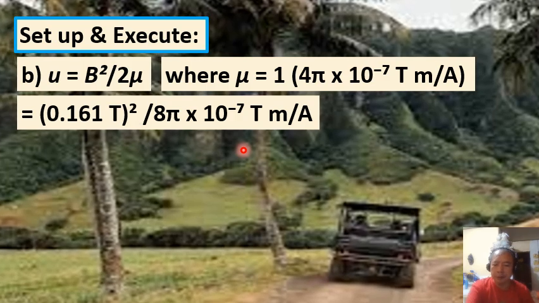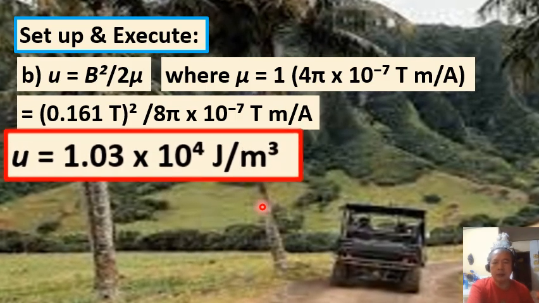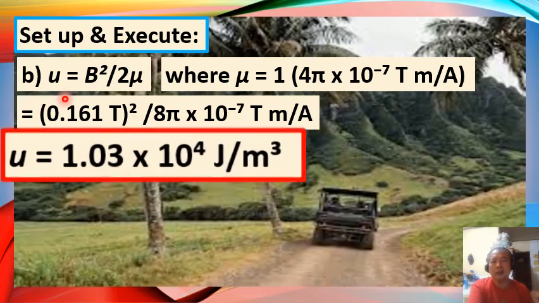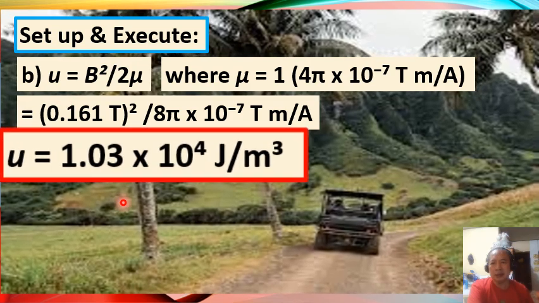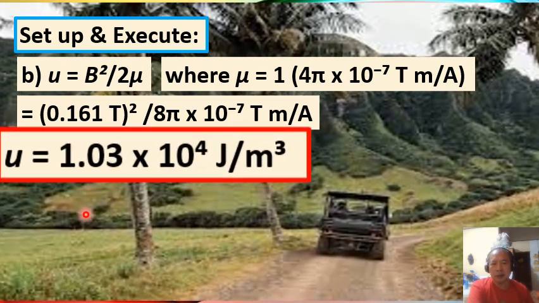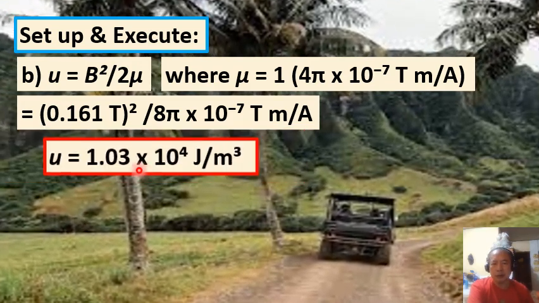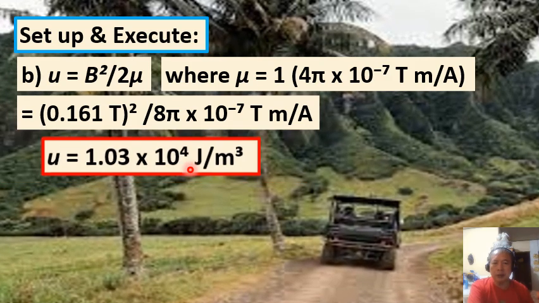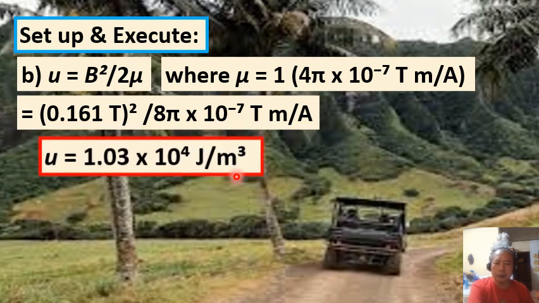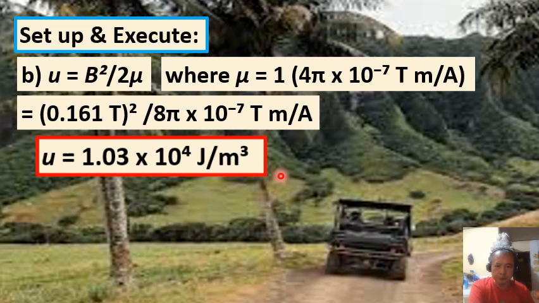So simplifying, we get the value of the magnetic energy density equal to 1.03 times 10 to the fourth power joules per meter cube.